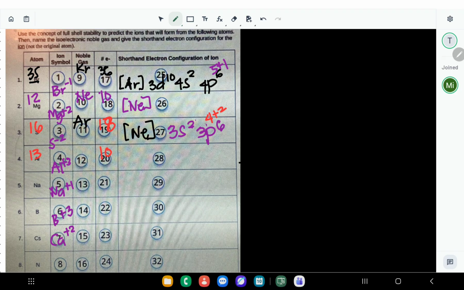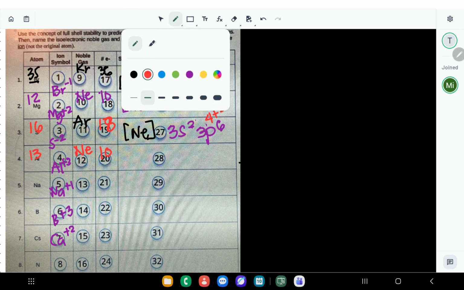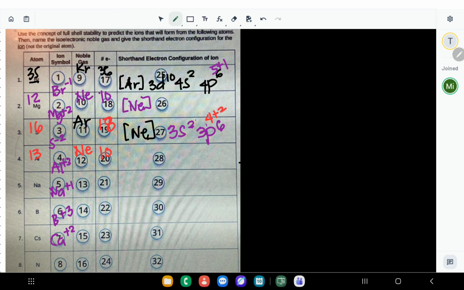So what is the noble gas that has 10 electrons? Okay, neon. And for writing the shorthand electron configuration of the aluminum ion, what is the noble gas right before aluminum? Neon, right? So it's still neon.